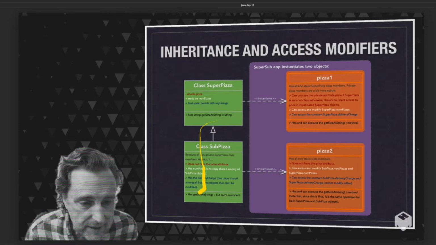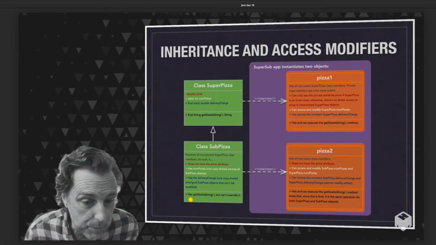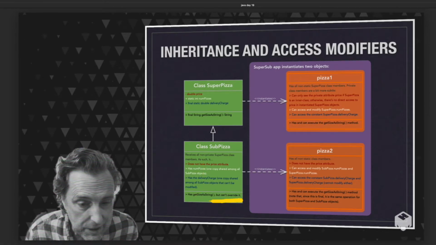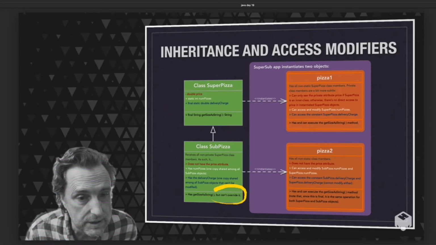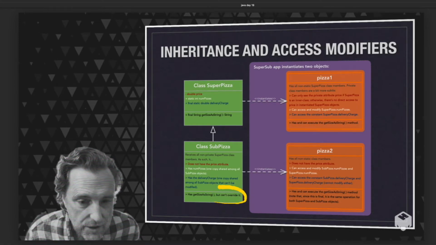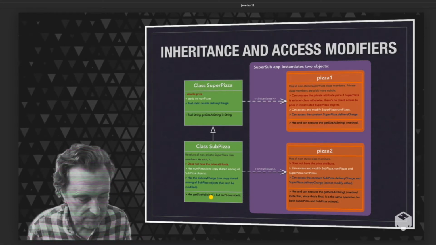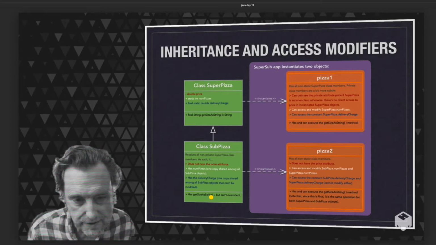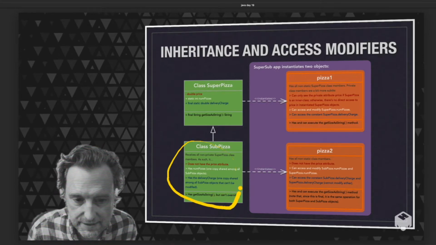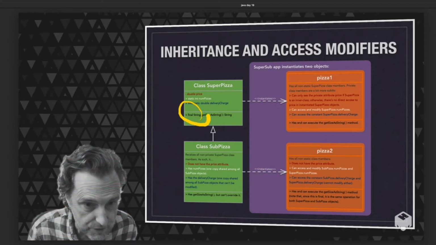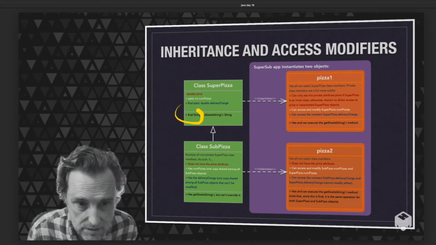This is in black. The subclass has get size as string, but it cannot override it because it is final. So if you decided for whatever reason you want to have different size descriptions from subclass objects, then finalizing it in the superclass is a bad idea.